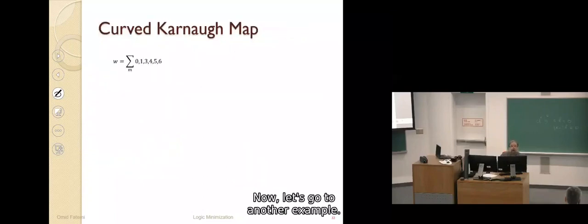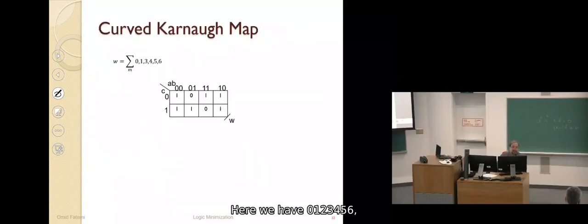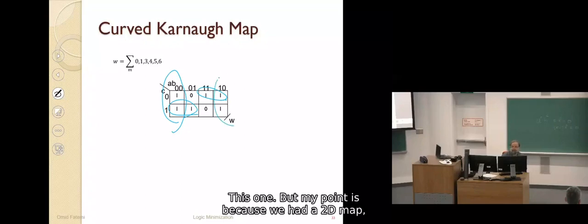Now let's go to another example. Here we have 0, 1, 3, 4, 5, 6, which is like this. Now tell me about the implicants. I guess you would say this. Okay. What else? You mean this one, yeah? Okay. And this one.